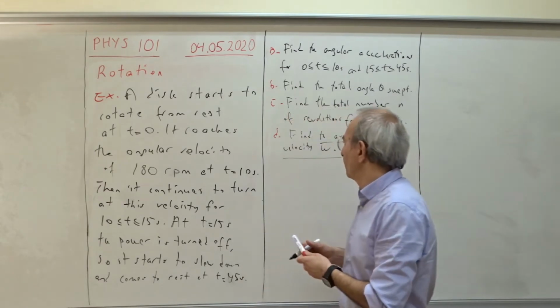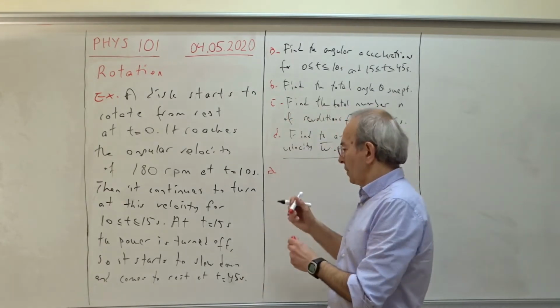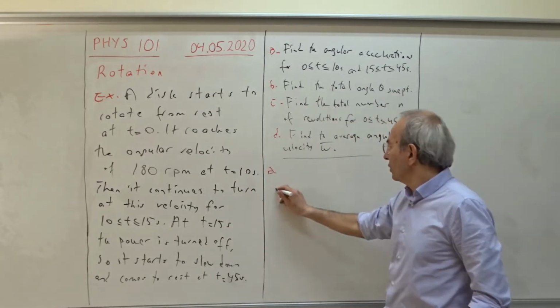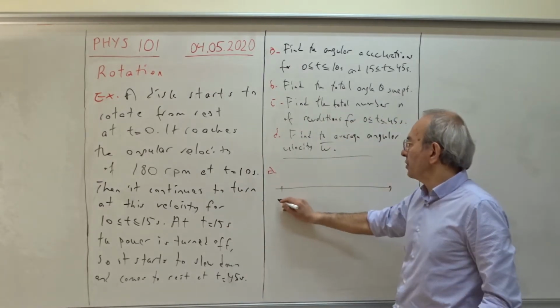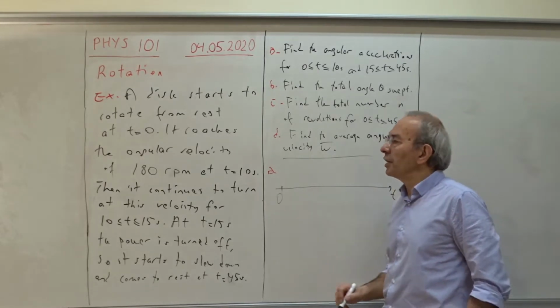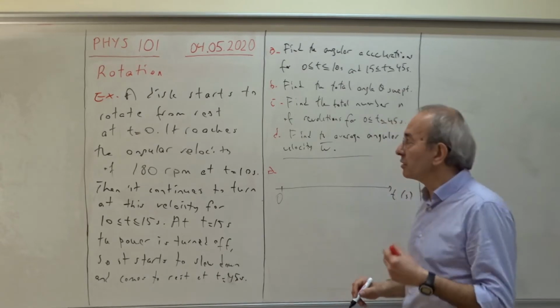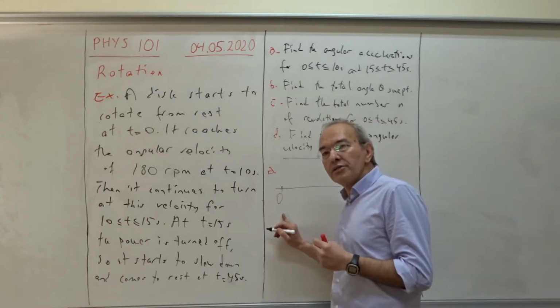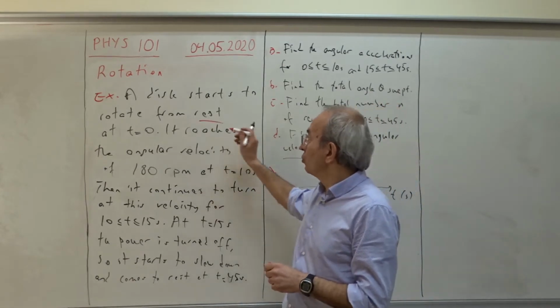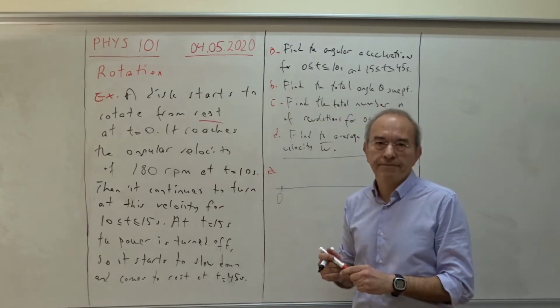So first of all, along a time axis, let's say this is the time axis in terms of seconds. So this is the beginning, 0. What does the disk do at 0? It starts to rotate from rest. So we know that there is no initial speed.